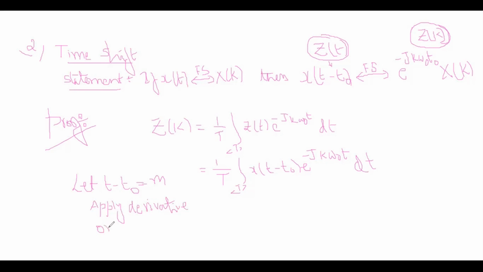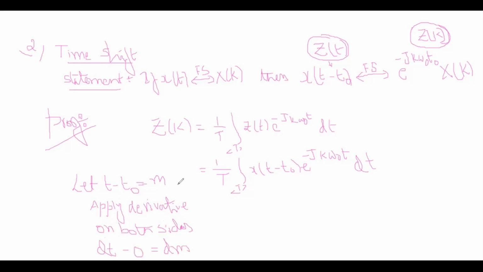What is the derivative of t? dt minus the derivative of t naught, 0, is equal to the derivative of m, dm.